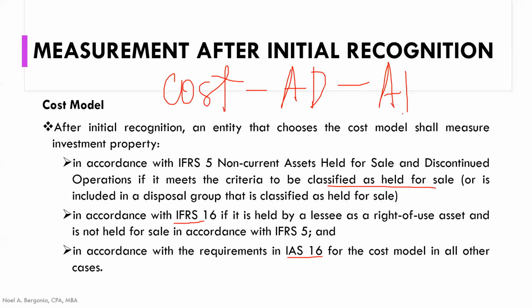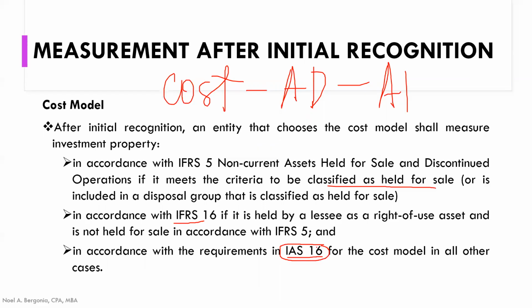Okay, so similar lang din po siya. Sa intangible asset, accumulated amortization, di ba yung gamit natin? Okay, so yes, we depreciate it if we use cost model. Sir, is the depreciation method similar to property, plant, and equipment? Pwede kami mag-double declining, straight line, o kaya naman po sum of the years, depending upon what is stated in the problem kasi it's still under the requirement of IAS 16.